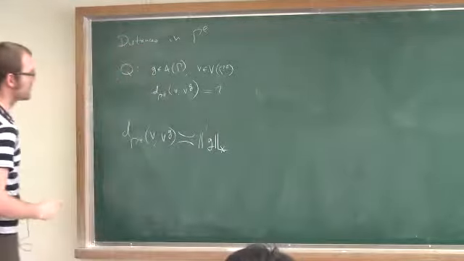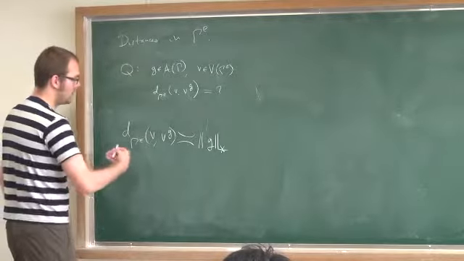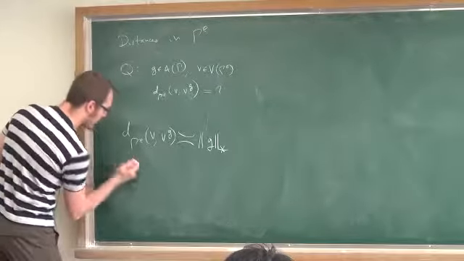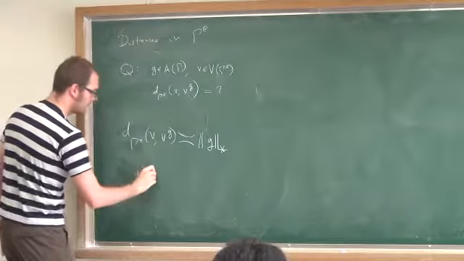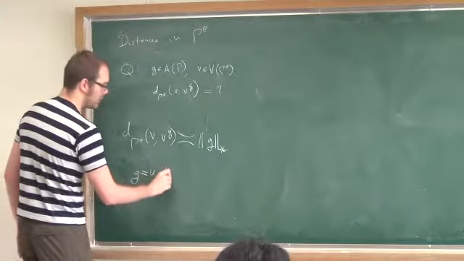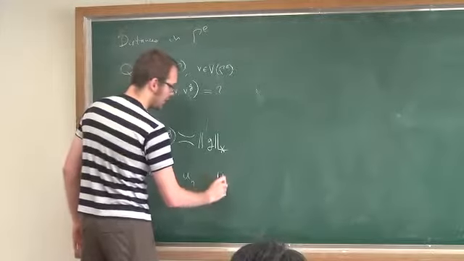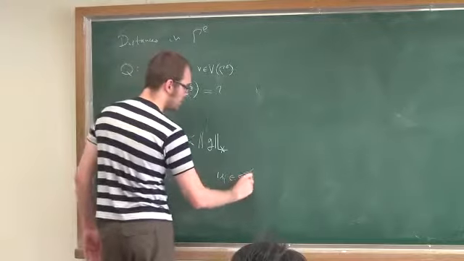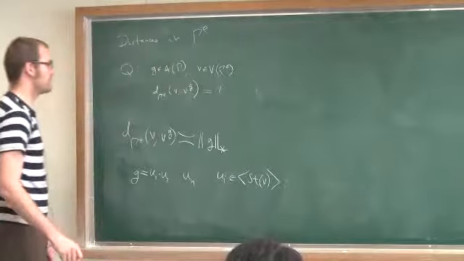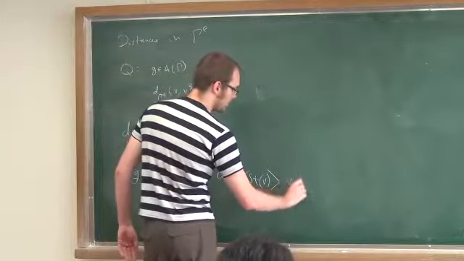This depends on something called the star length of G. What this means is that we can write G as a product of other words in the right-angled Artin group, where each U_i is in the subgroup generated by the star of some vertex V. Here V is a vertex of gamma.